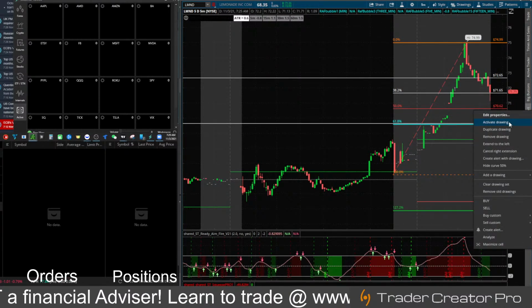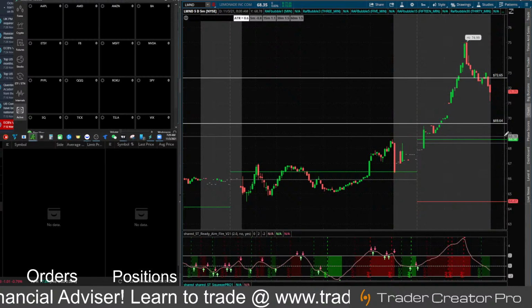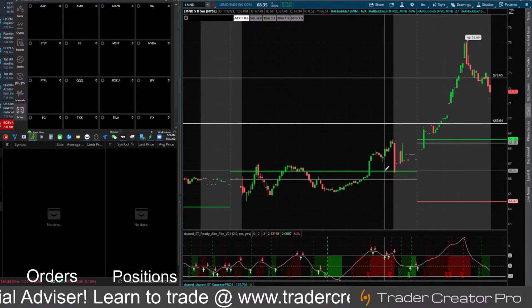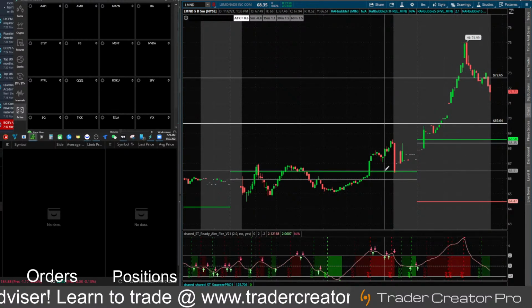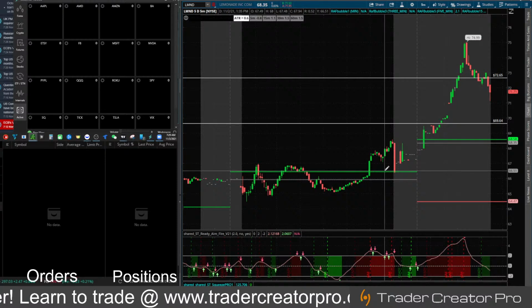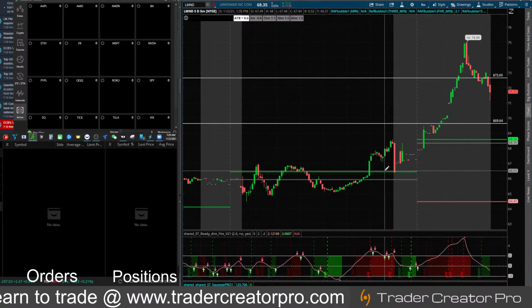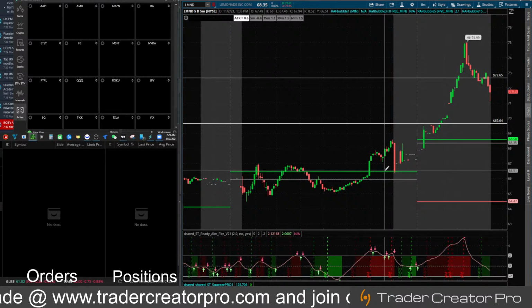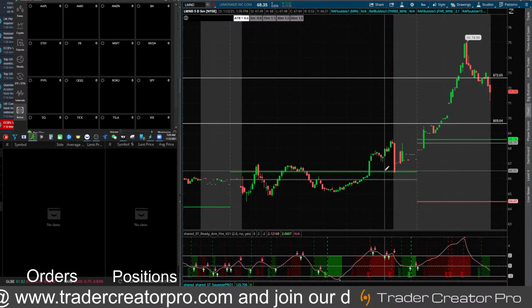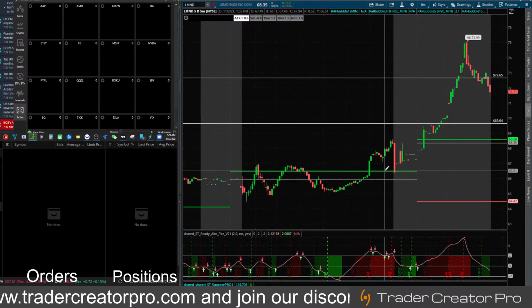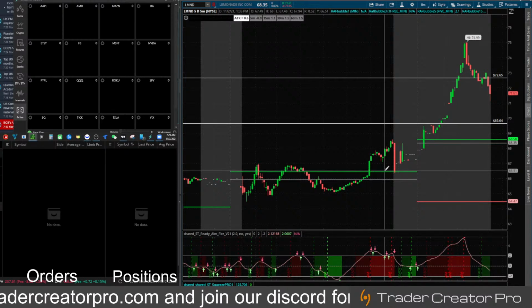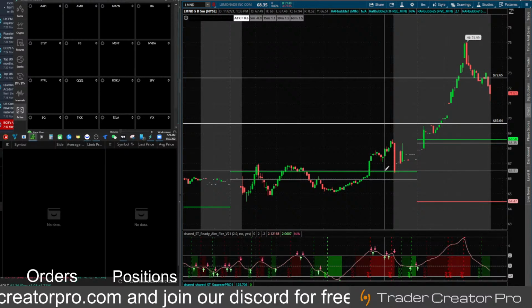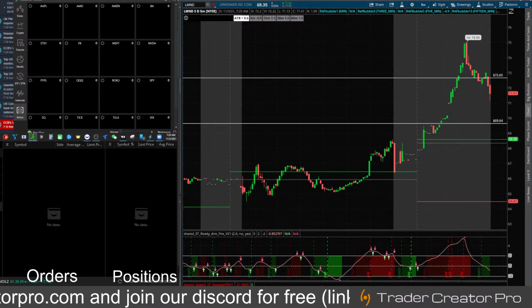I'll be keeping an eye on it for a squeeze, but we'll see. Just be aware that if that thing starts showing some strength, it can make a move. It's very possible. So we'll see what happens.